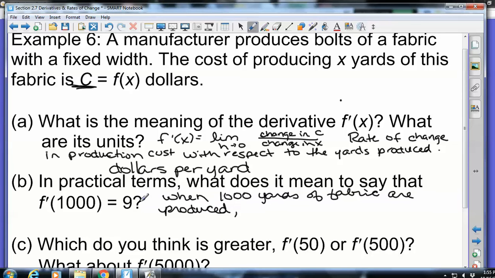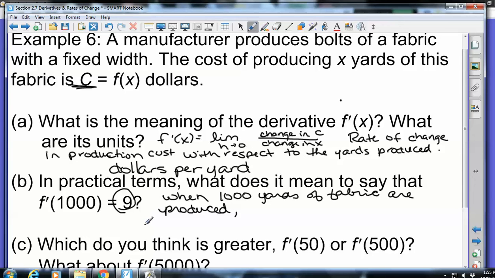The derivative is 9. That tells me the rate of change. So this doesn't tell me that it costs $9. It tells me that at that point the costs are increasing $9 for every yard added.